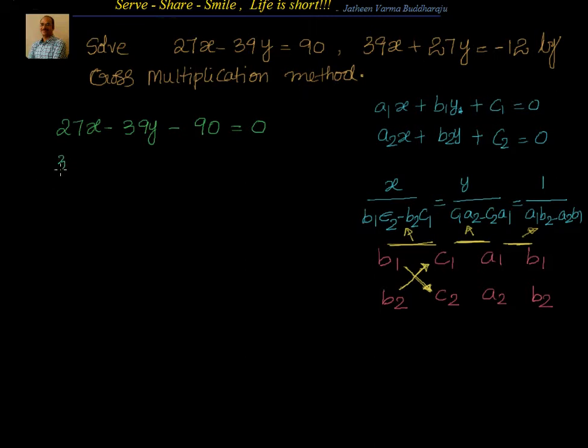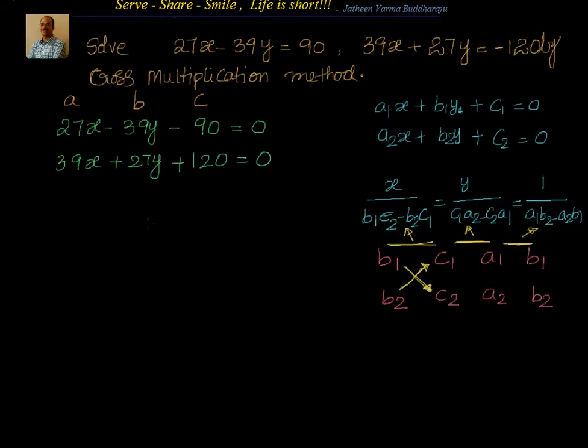What is the next one we have? 39x plus 27y plus 120 equal to 0. So we have both our equations. The first column belongs to A, the second column belongs to B, and the third column belongs to C. Let's write them down column-wise.